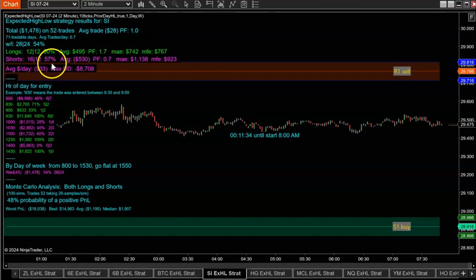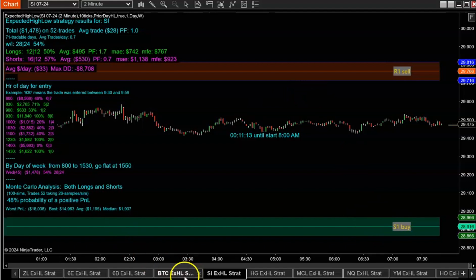However, 57% of the time, the prices do close below R1. So if you're going long, you don't want to be long for too much. I would go for short targets because chances are, probability is it will close below R1 at the end of the day, or if it hits S1.